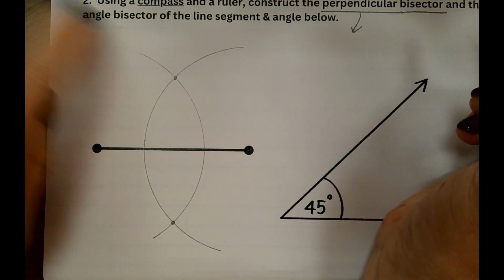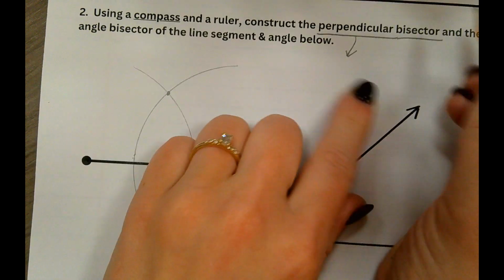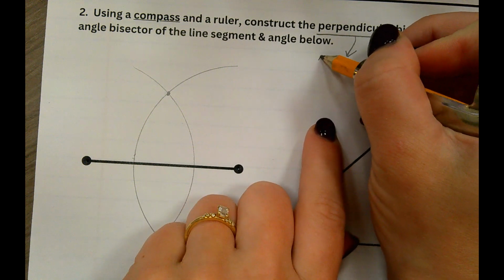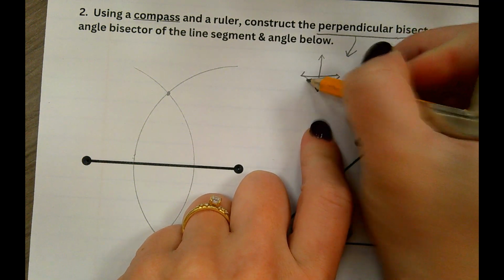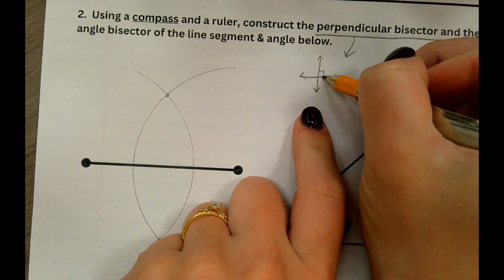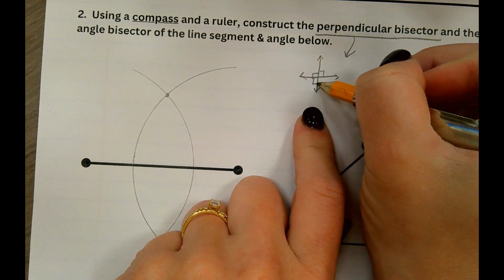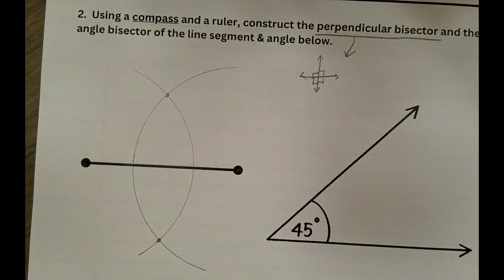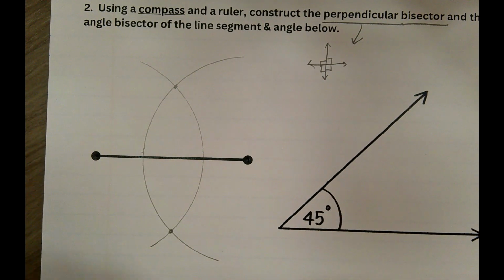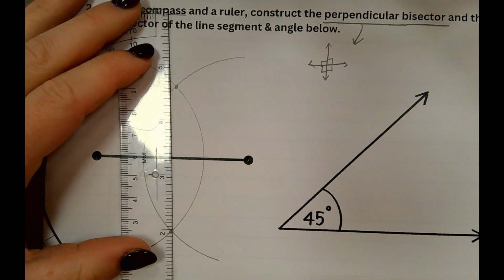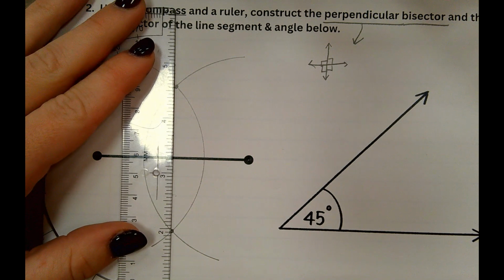Yes, we're going to be drawing a line in the middle. Perpendicular basically means that you have two lines crossing and it forms 90-degree angles, right angles all around. So what we just did here is we created points that we can draw our perpendicular bisector through.